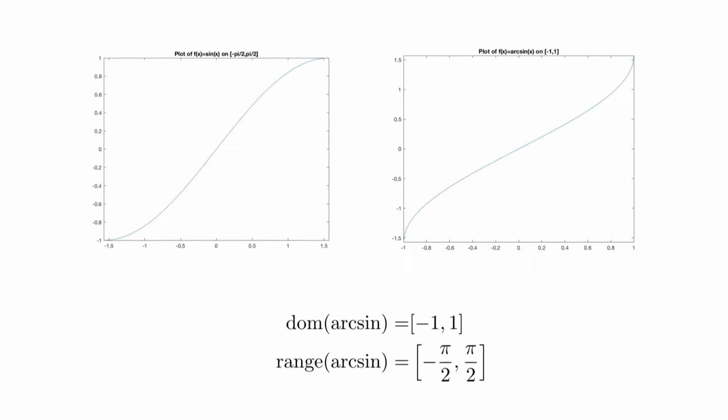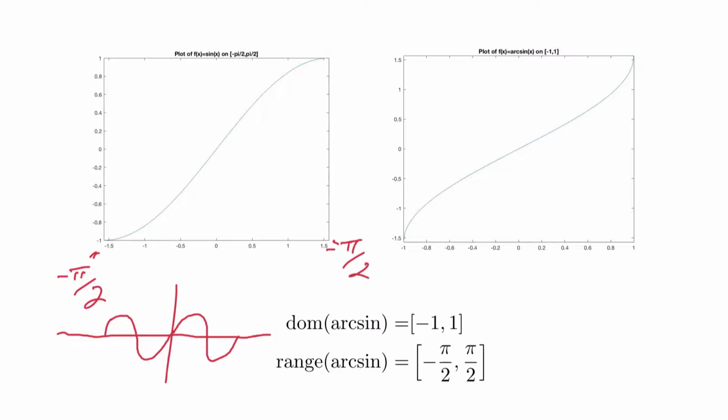So let's look at a visualization. Here's the picture of sine of x. But notice I'm not plotting it for its whole domain. I'm just plotting it from minus pi over 2 to pi over 2. So to put this in context, here's a sketch of sine.